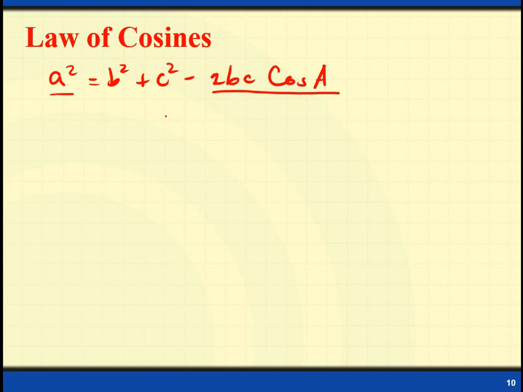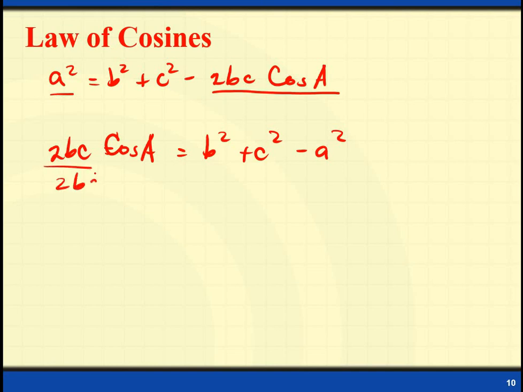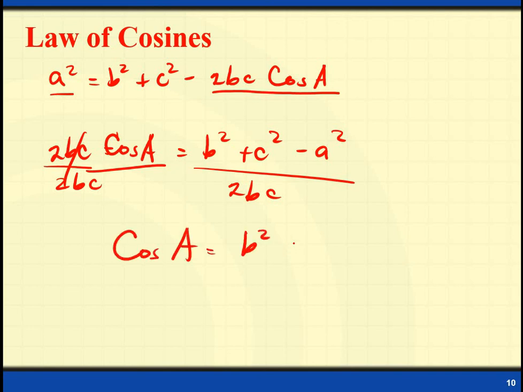That would give you 2BC cosine A is equal to B squared plus C squared minus A squared. I want cosine A, therefore I will just divide both sides by 2BC, or multiply both sides by 1 over 2BC. That would give you cosine A is equal to B squared plus C squared minus A squared over 2BC.